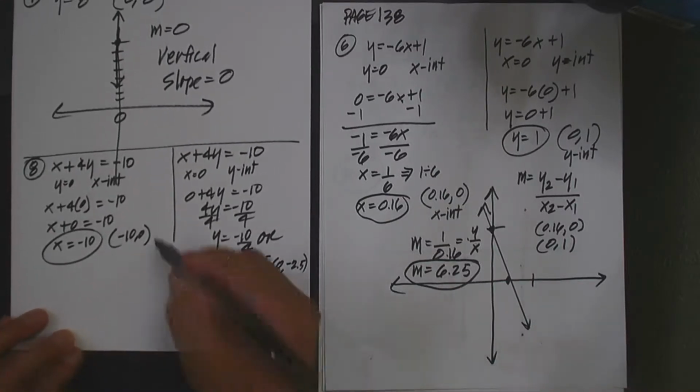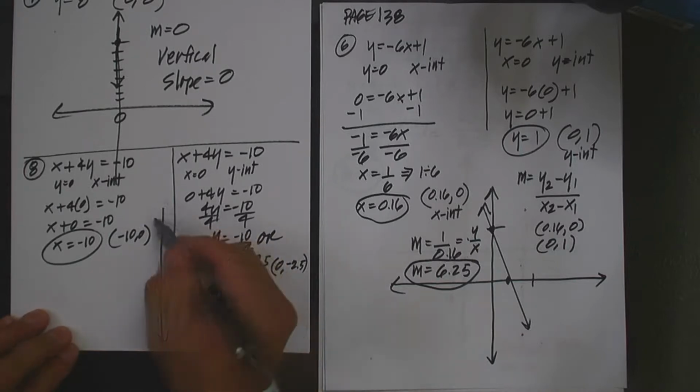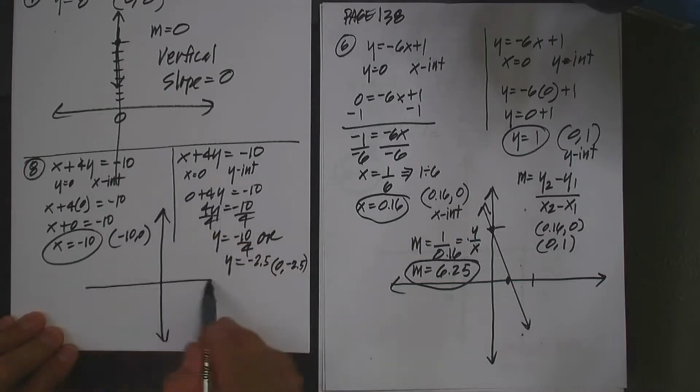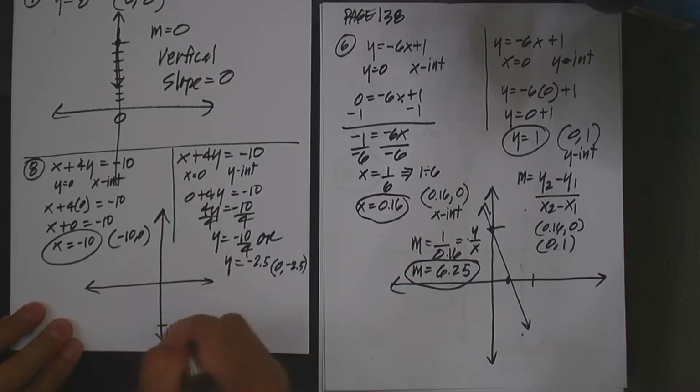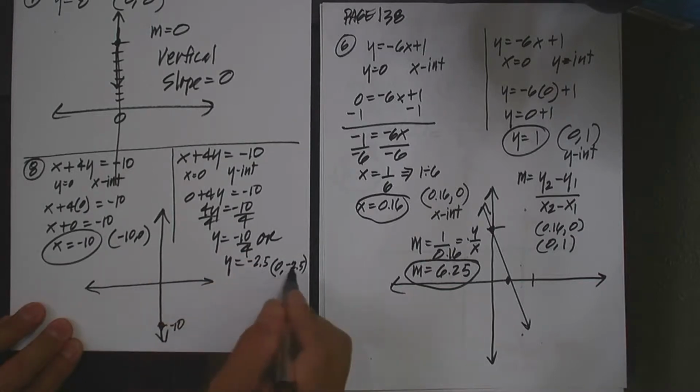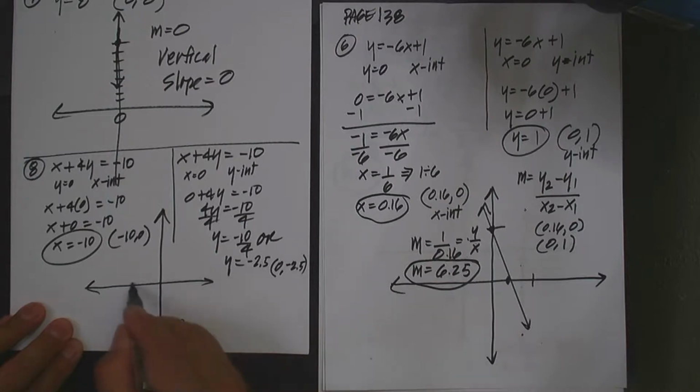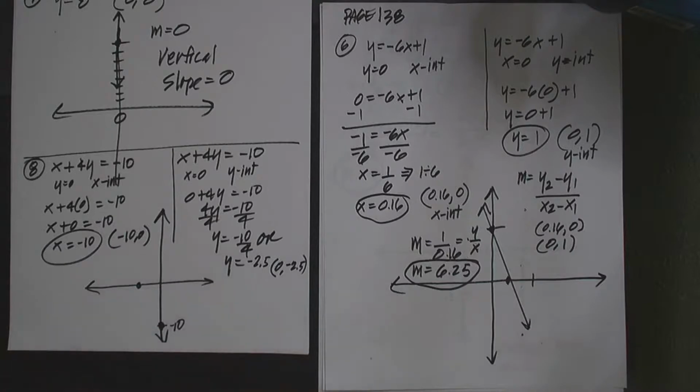Okay, when you graph that, one is negative 10, right here, and the other one is negative 2.5, right there. When you connect that, it's heading to the left.